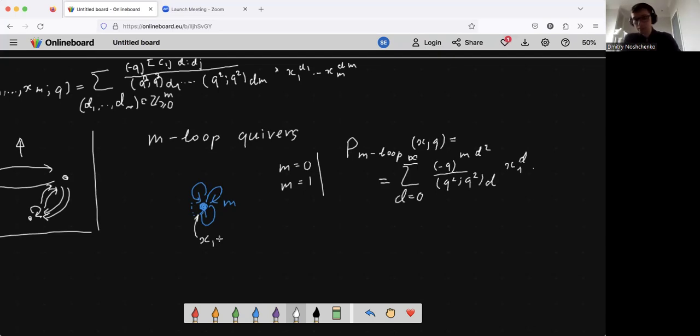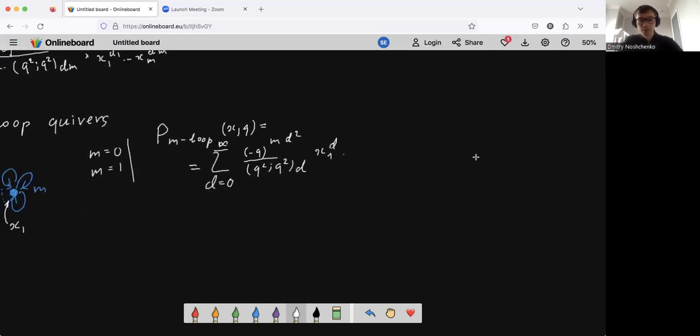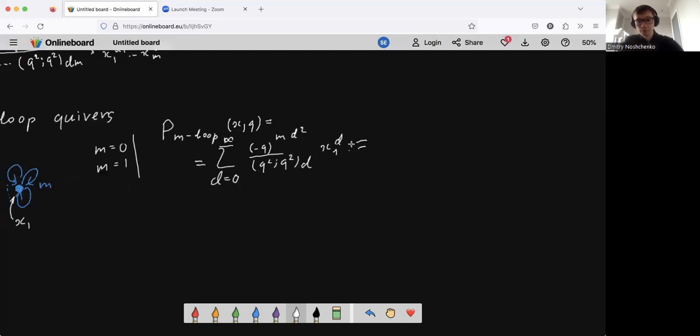And as you recall, we finished yesterday by showing the factorization formula, the product form for a motivic generating series, and let's see how this product form looks for m-loop quivers. In general, one expects that this could be written in a product form as some infinite product. Maybe I can write it just using q-Pochhammer symbols, in a more universal way.